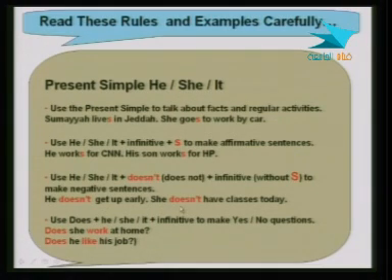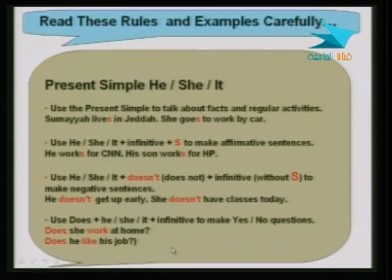We also use the same does, as in the case of I, you, we, and they. We moved do to the beginning of the sentence. Now we move does to the beginning of the sentence and say does. Right? So use does plus he, she, it plus the infinitive. Plus means in addition to. So does he, she, or it plus the verb itself to make yes/no questions.